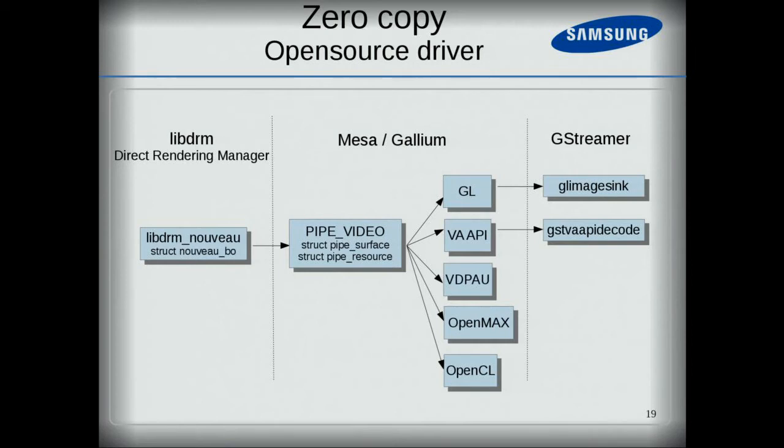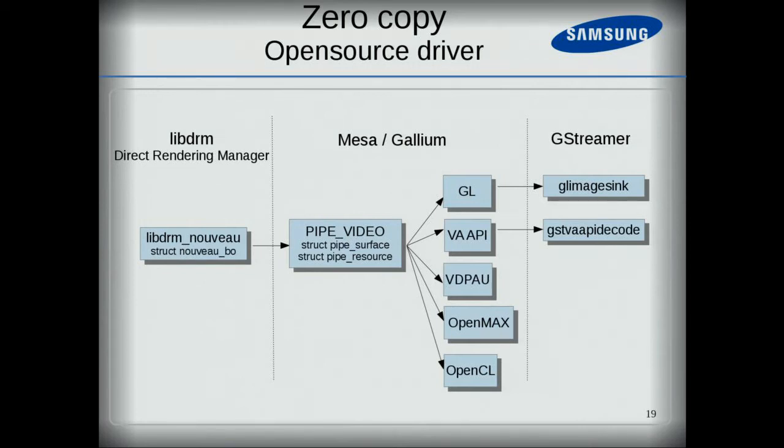Then you have libdrm for Nouveau for the NVIDIA graphic card, and libdrm for Intel and Radeon. This is the low-level library that talks to the kernel driver. Then in Mesa, you have what I call pipe video.